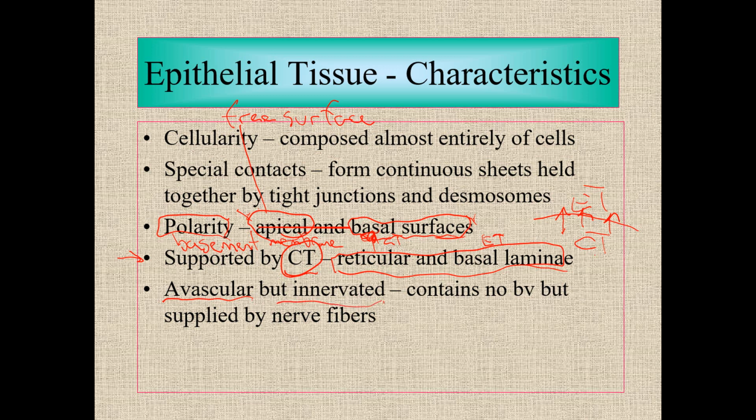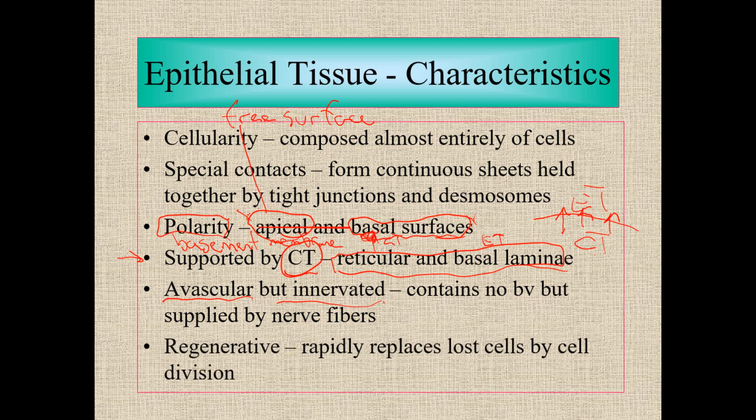Innervated means that it has nerve fibers. Now, since epithelial tissue is also found lining a body cavity or a surface, it's going to be subjected to a lot of wear and tear. So the mitotic index of epithelial tissue typically is going to be high. Mitotic index just means that it goes through the cell cycle quickly. Okay? So these are the characteristics.